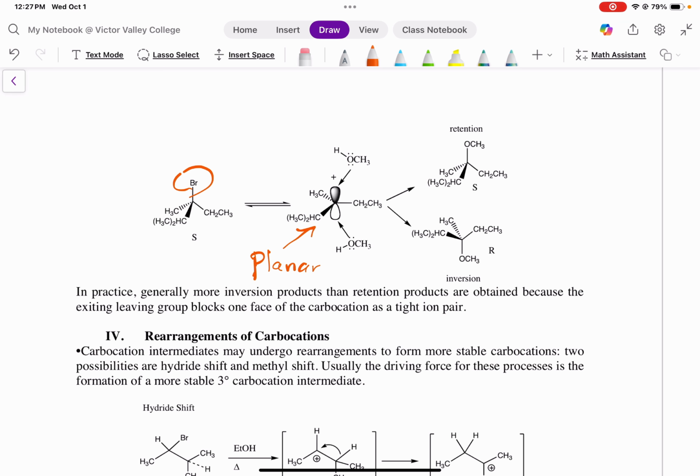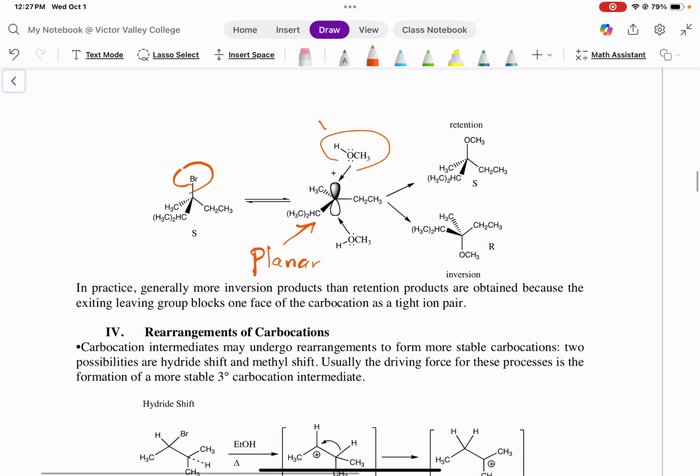So that means the incoming one, the weak nucleophile, also the solvent, can come from the top or from the bottom.